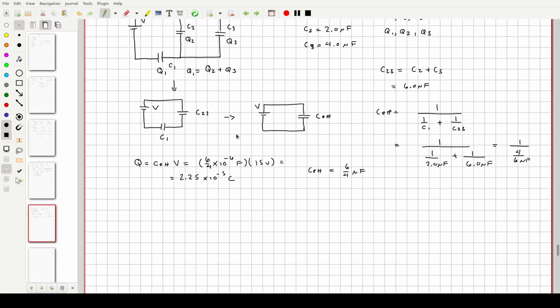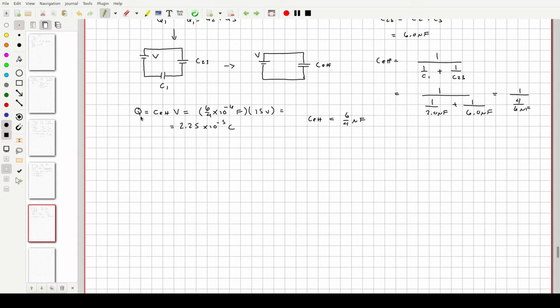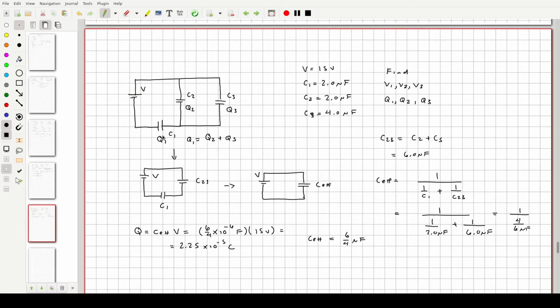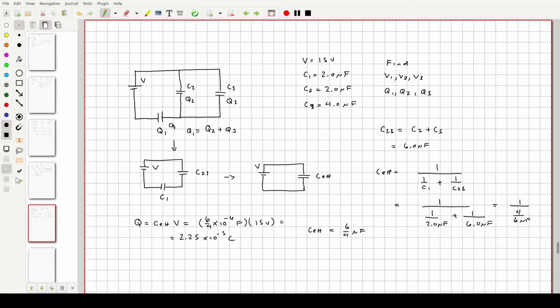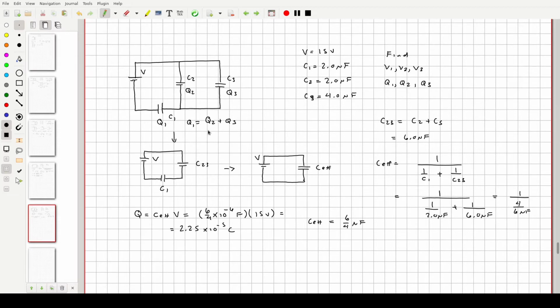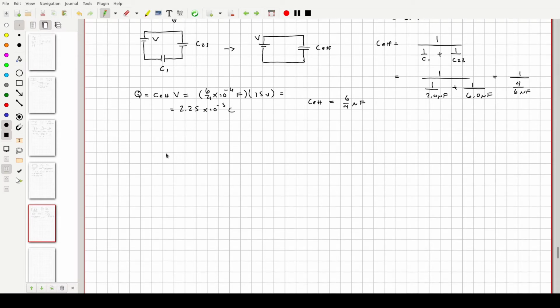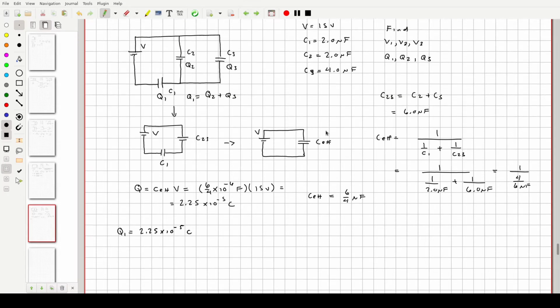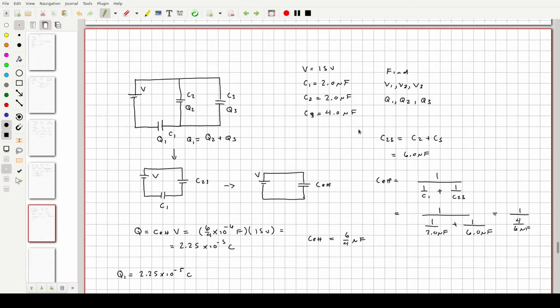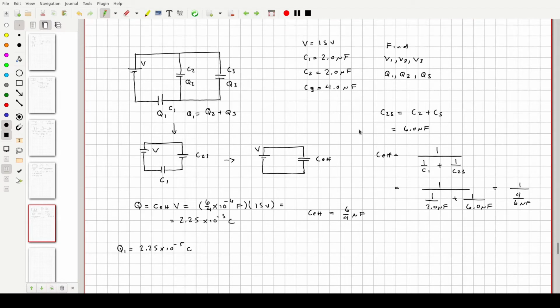Okay? So, this right here is going to be the charge that's on this, but it's also going to be the charge that's distributed across both of these. Now, so that handles Q.